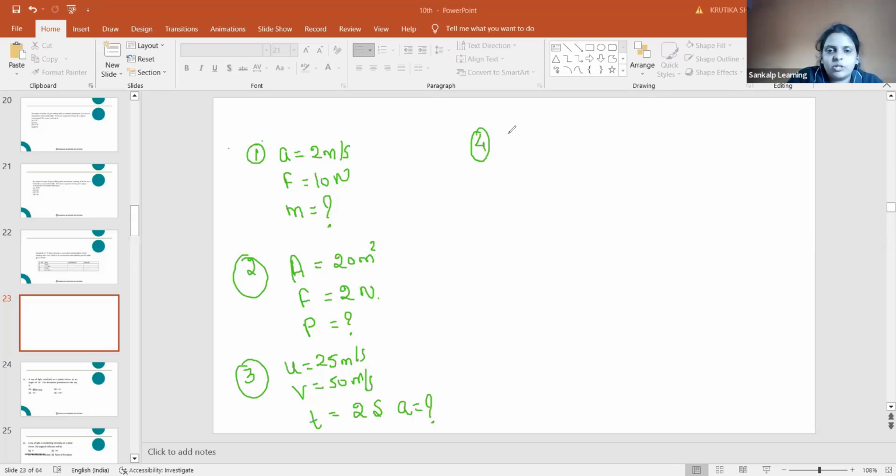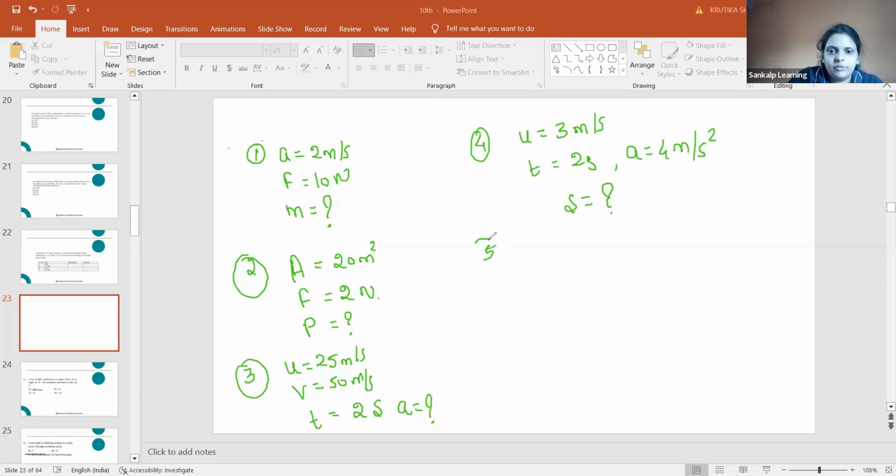The fourth question is: the initial velocity is 3 meter per second, the time is 2 seconds and the acceleration is 4 meter per second square. Calculate the distance traveled by the body.